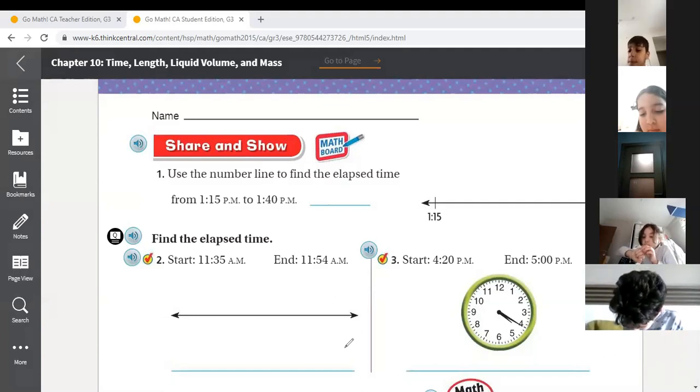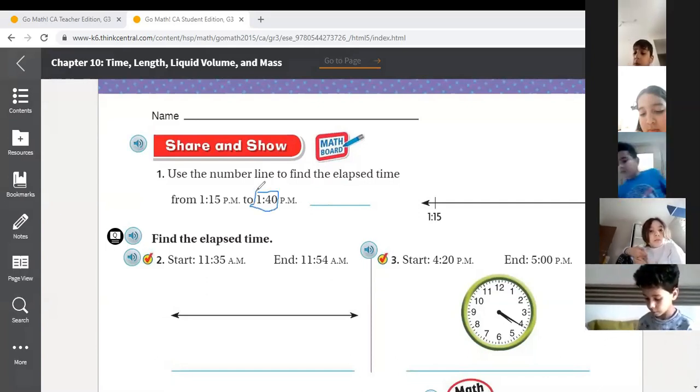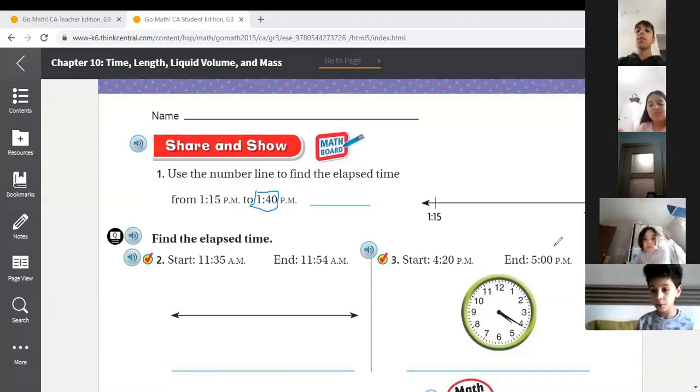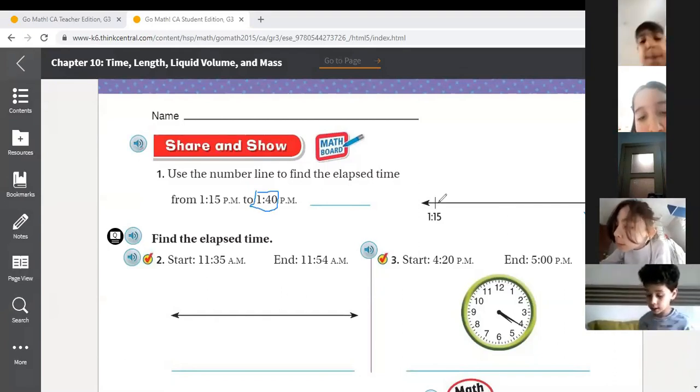The end time should be the last dot all the time. Remember that. End time should be the last thing you put. So you have to see what the end time is, and then according to that, you will put the last dot. So did you count by 5s or 10s here?